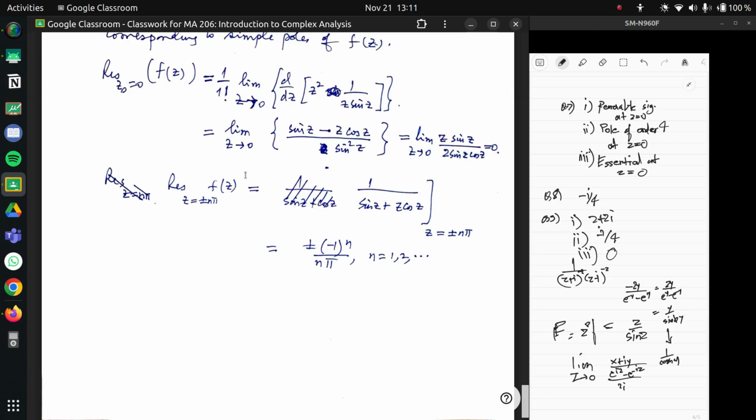So I get at z equal to plus or minus n pi. You can, okay, by sine z plus cosine, what the hell just happened? Yeah, f is something like this, 1 upon sine z plus z cosine z.